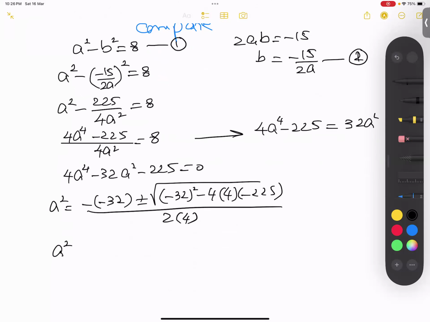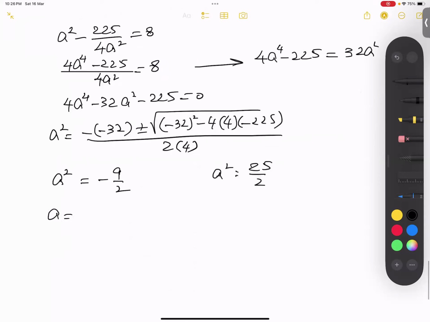So let me check. What is the answer going to be? I'm getting 2 answers. One answer is -9 over 2, and the second answer is 25 over 2.